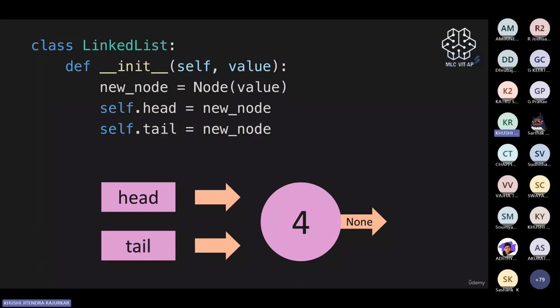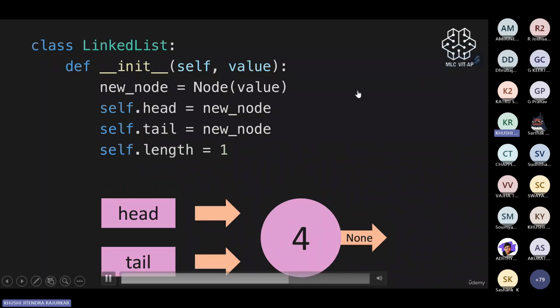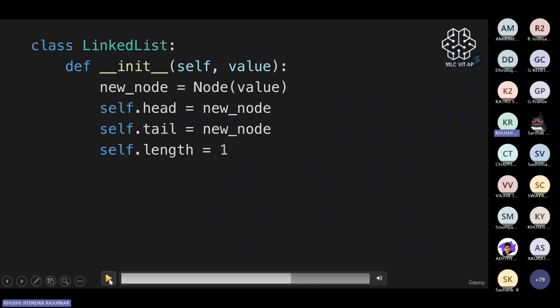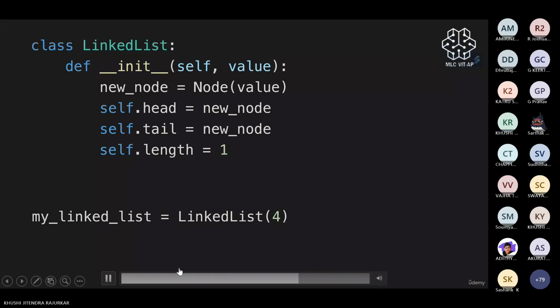As you can see here, we initialized our first node, then we had our head and tail point to the new node, and we also initialized the length of our linked list to be equal to 1. This is basically all we need to initialize our constructor. Now we'll be making our own instance of it, and we'll be constructing our own linked list.